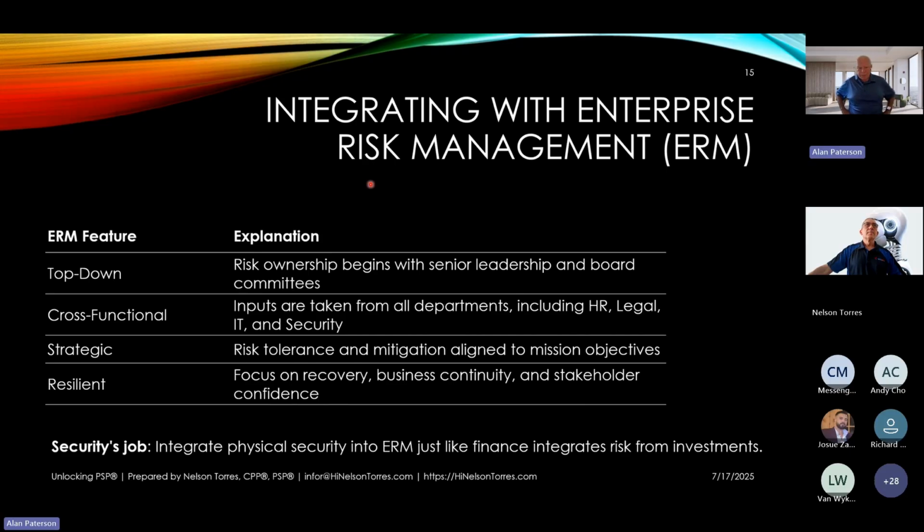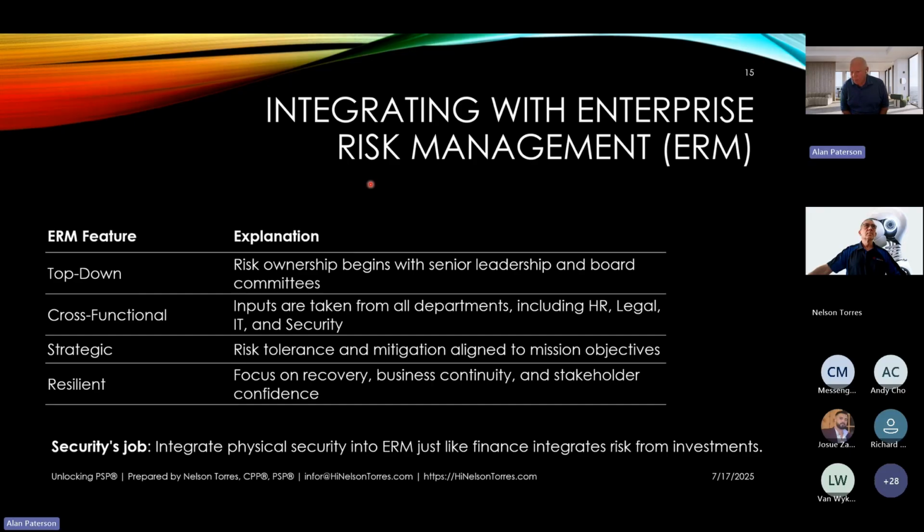Enterprise risk management. The whole definition of that is a strategic approach that organizations use to identify, assess, and mitigate risks that could impact their objectives and operations. So the enterprise risk management features are on the left. The top-down strategy would be risk ownership begins with senior leadership and board committees.